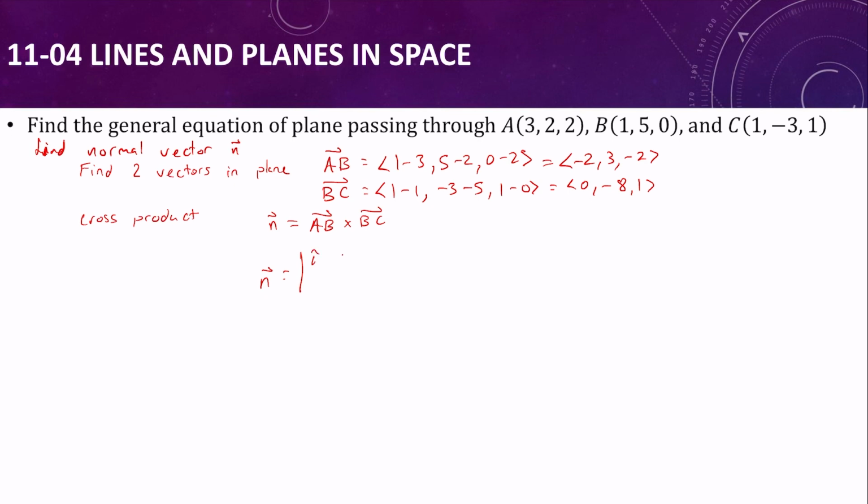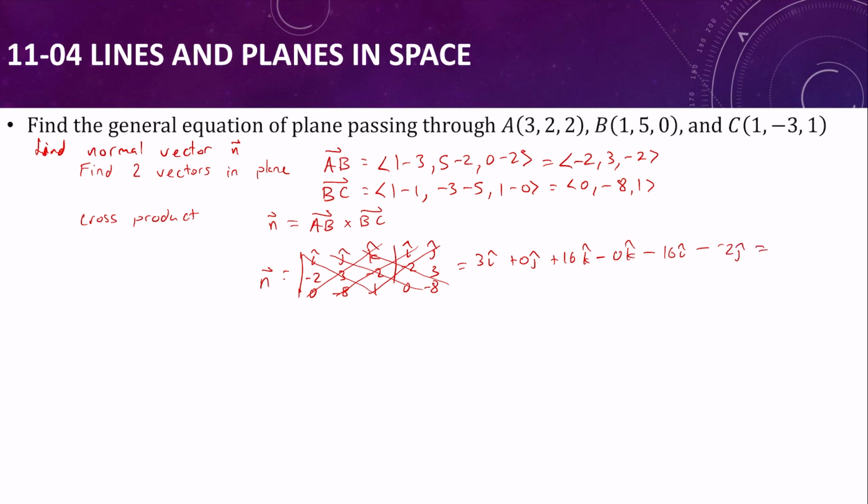So we have the I, J, K, negative 2, 3, negative 2, 0, negative 8, 1. Copy the first 2 columns. Looks like I have 3I, 0J, and 16K, minus 0K, minus 16I, minus a negative 2J.